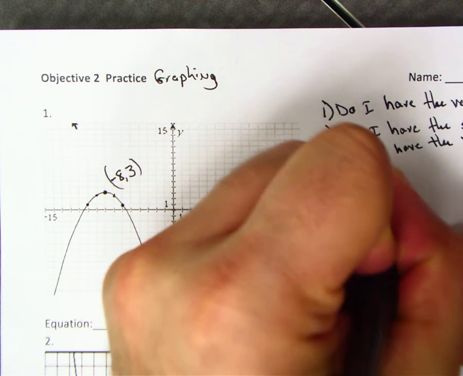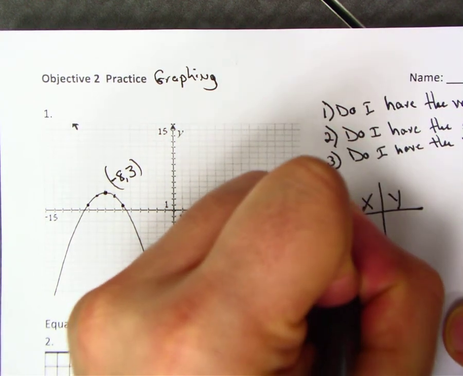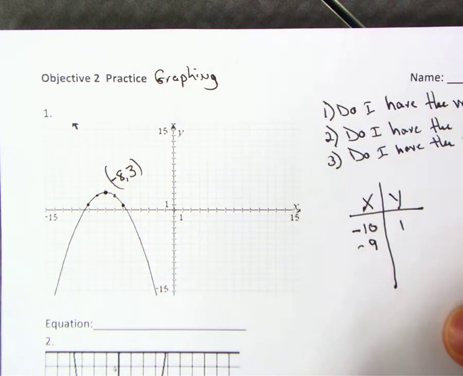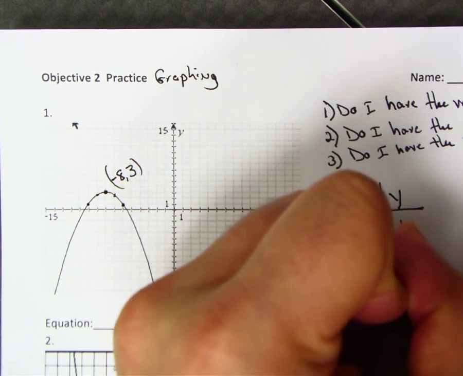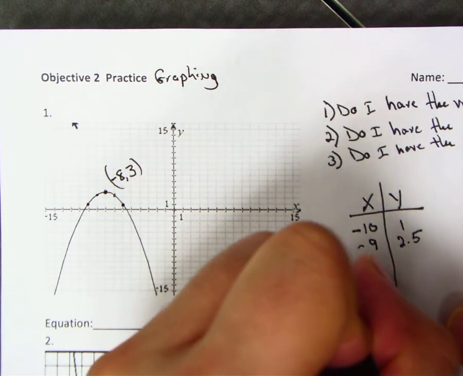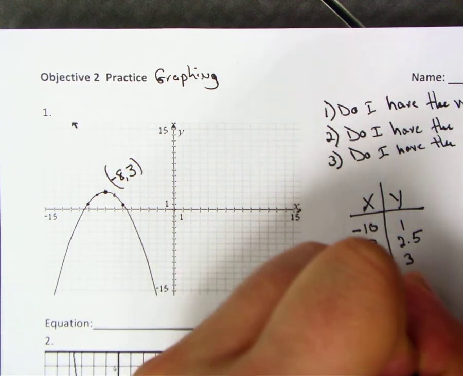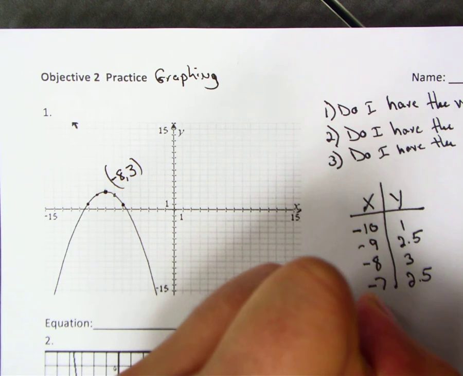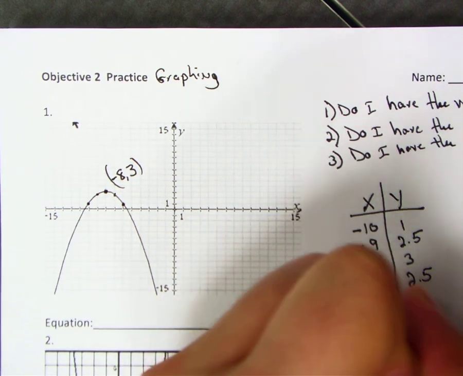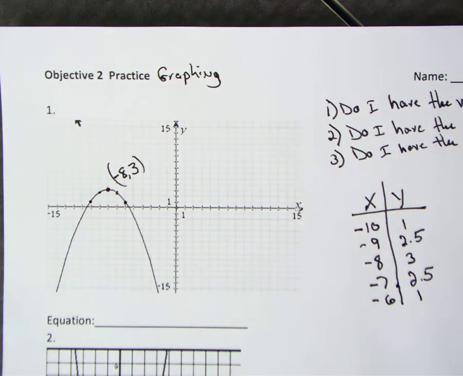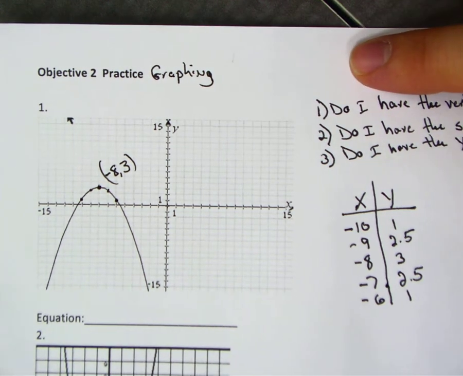So I'm going to do x, y, negative 10 is positive 1. Negative 9 looks like it's positive 2.5. Negative 8 we said was at 3. And negative 7 then would be at 2.5. And negative 6 then would be at 1.